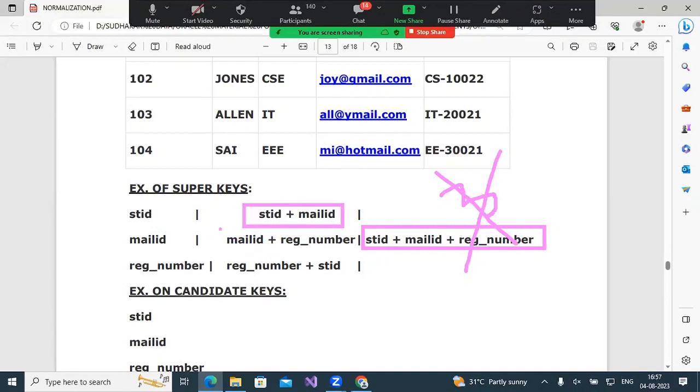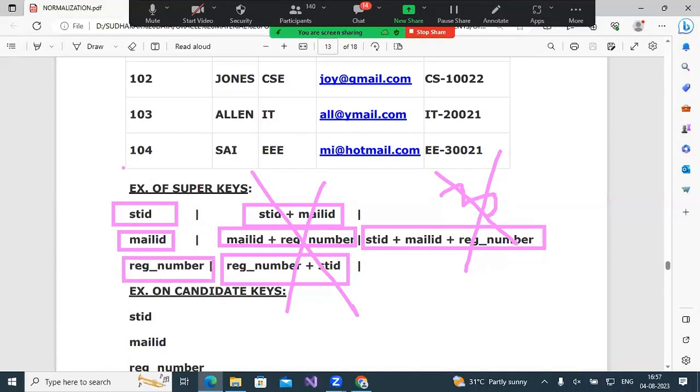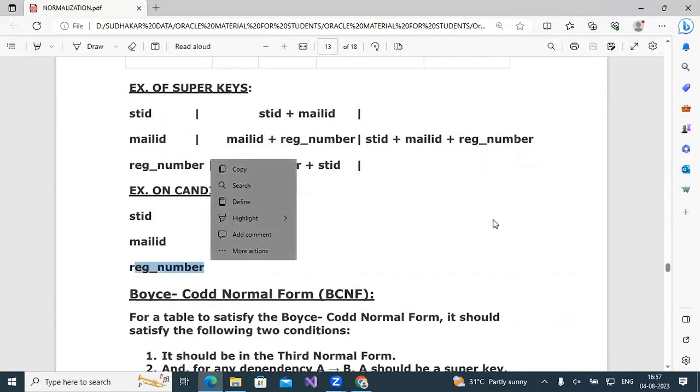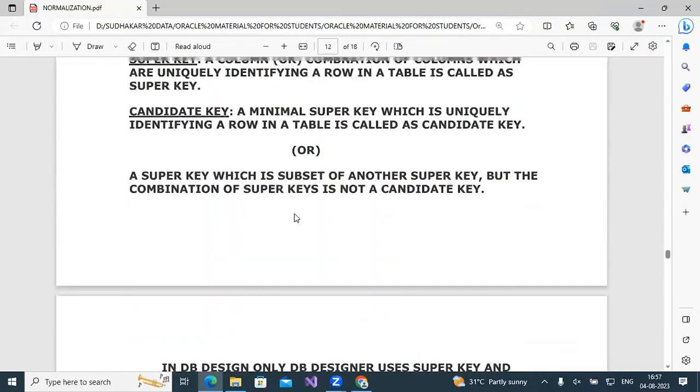Here, the two combination columns are also not a candidate key. But every individual super key column is also called a candidate key. So candidate keys here are student ID, mail ID, registration number: individually candidate keys, but combinations are not.